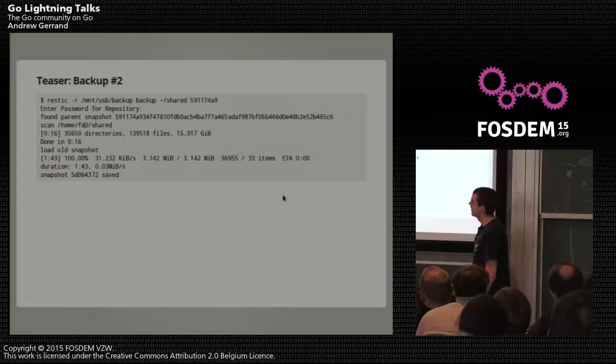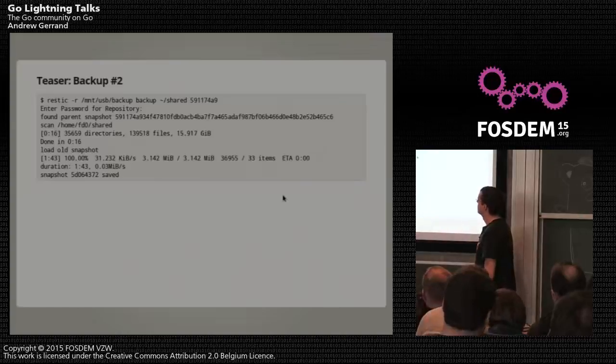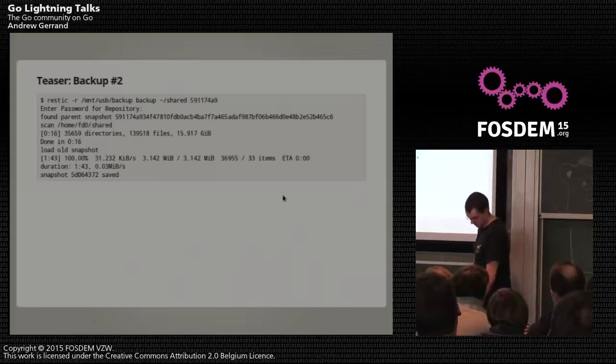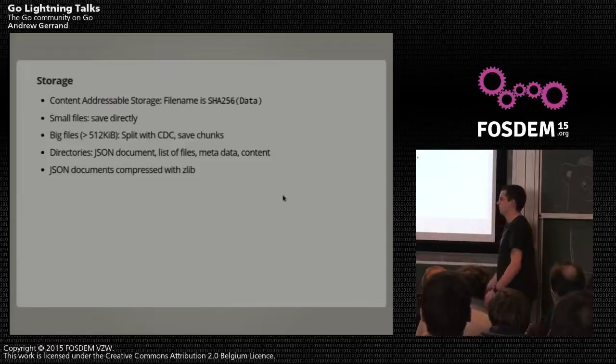These speed numbers are the first percentage, then the amount of data that has to be backed up, and the first one is the current speed. We can see that in a minute when I'm showing it to you.